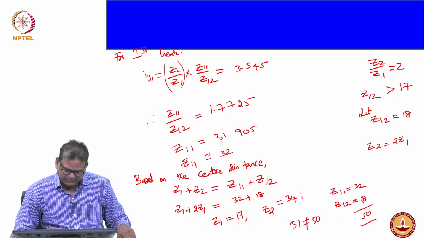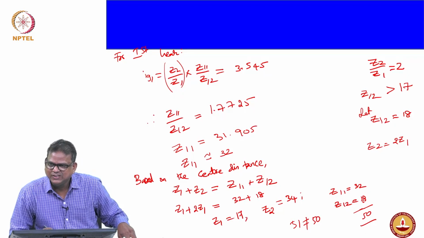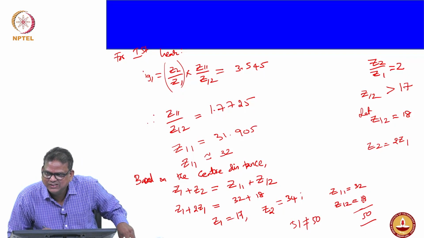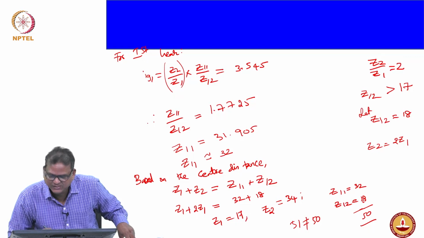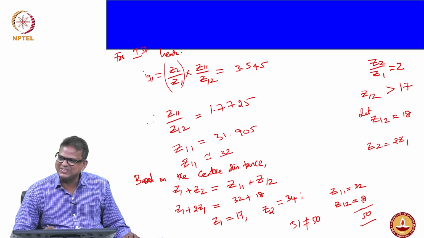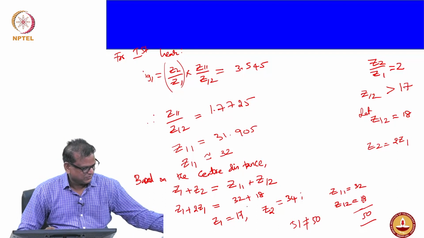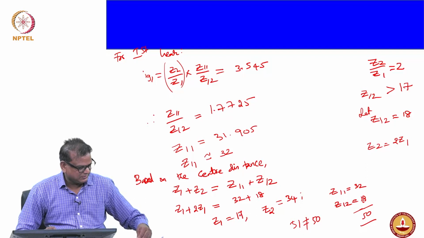Is it exactly 17 for Z1? That is the question. What is that value? 16.67. So that is the problem, right? 16.67 is coming and we made it a 17. So that is not the correct one.